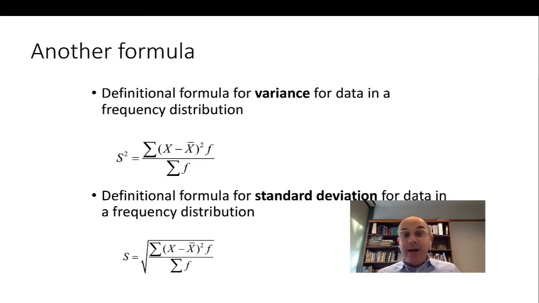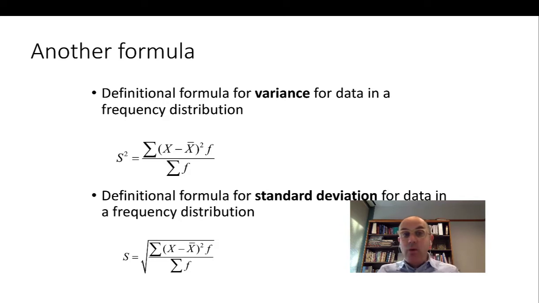Another formula that we need to keep in mind is the formula of variance in a frequency distribution and the standard deviation of a frequency distribution. Both formulas are different from each other. The variance, as I said before, is the calculation from the mean. The second formula is the standard deviation.